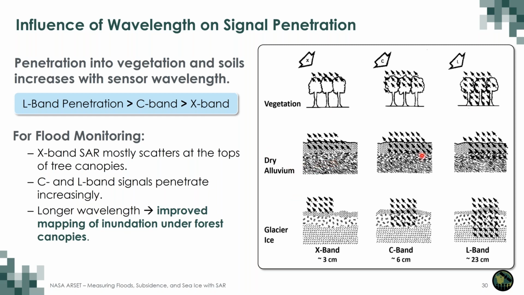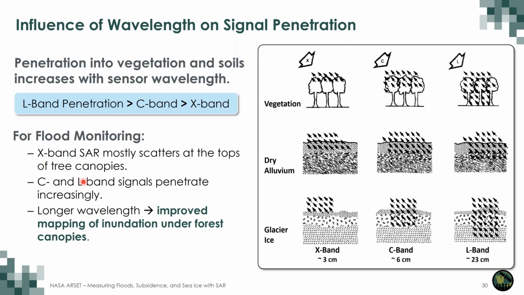This penetration ability also holds true for some dry soil areas like dry alluvium. The same is true for glacier ice and snow cover. The longer the wavelength, the easier we can penetrate into ice and snow, and the deeper we can penetrate into these surfaces. This means a short wavelength, such as X band, these radars scatter mostly off of the tops of tree canopies.